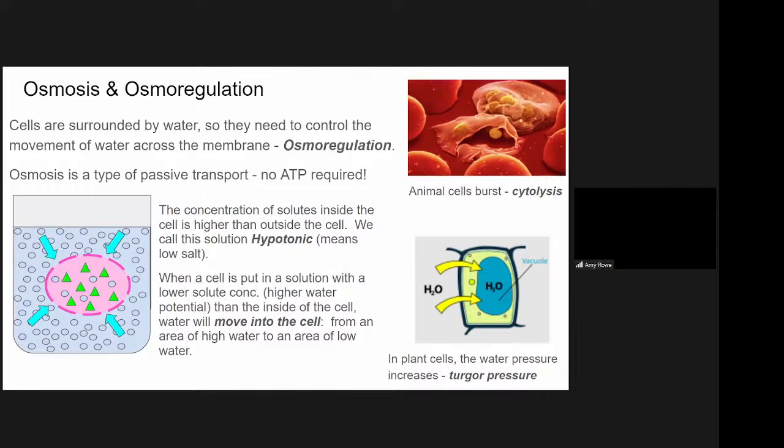That balloon is going to press against the walls of the box, causing pressure. What we call that in plants is turgor pressure. So the plant cell becomes turgid because it has swollen with water, and the contents of the cell, the cytoplasm and the vacuole, are pressing against the cell wall, creating this pressure and making the cell rigid.